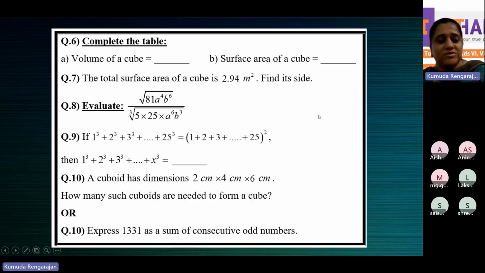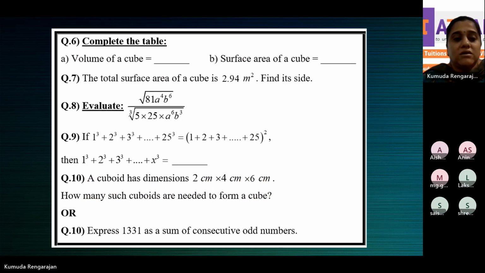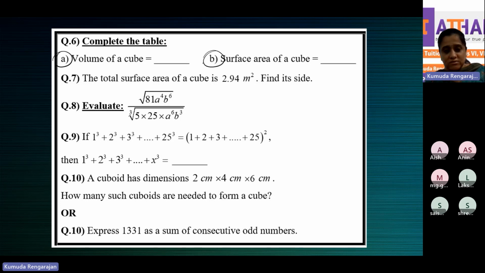Please take down question number 6A. Yes, Anantika, good. Volume of a cube is equal to? Answer the first two questions, 6A and 6B, and let me know the answers.